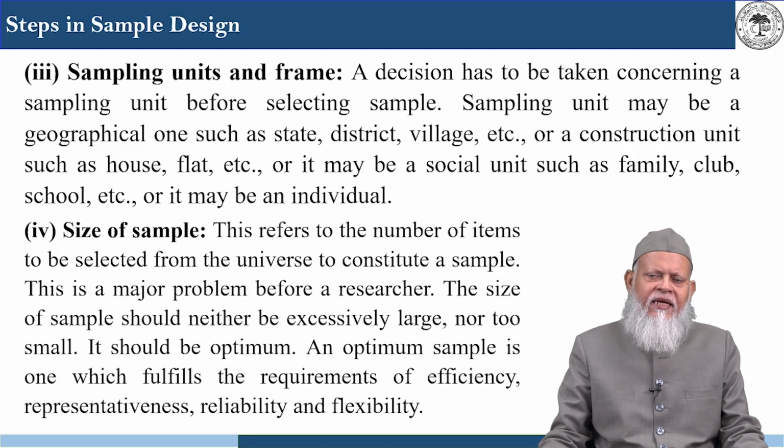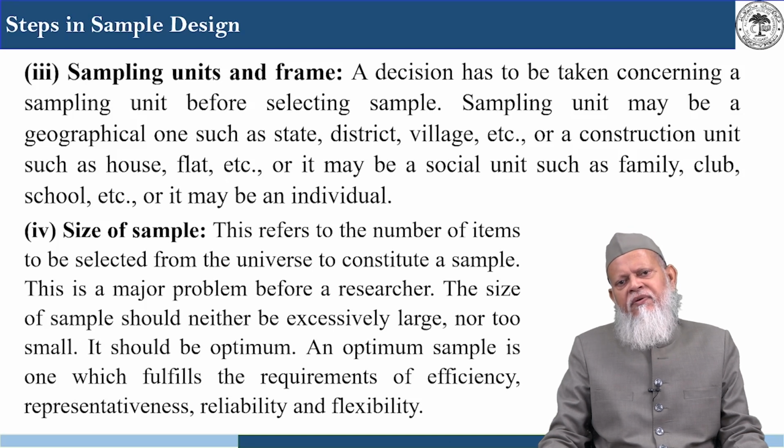Further, on the other extreme, it cannot be too low also, because if it is too small, then the characteristics of the population would not be reflected in the sample.